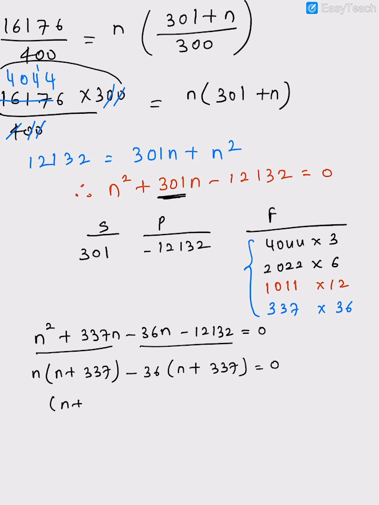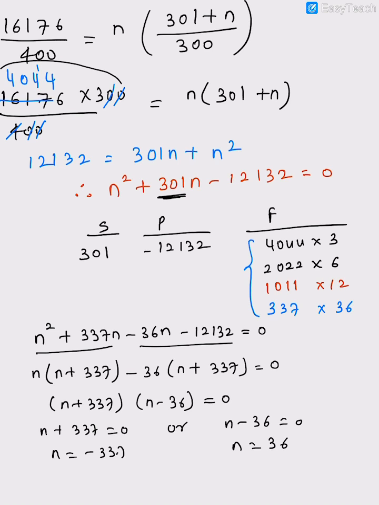So n plus 337 in one bracket, then n minus 36 in the second bracket equal to 0. So n plus 337 is equal to 0, or n minus 36 is equal to 0. n is equal to 36, or n is equal to minus 337. Got it?